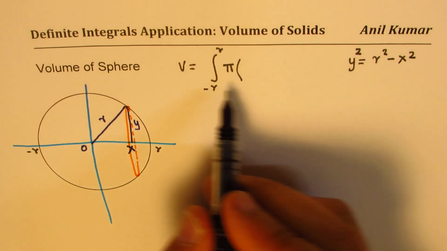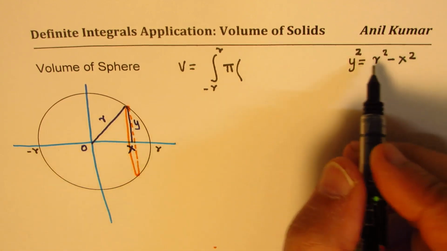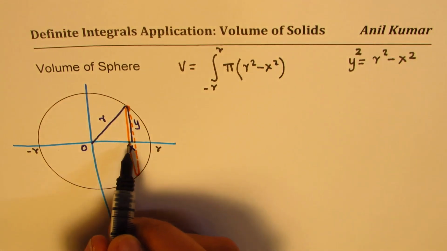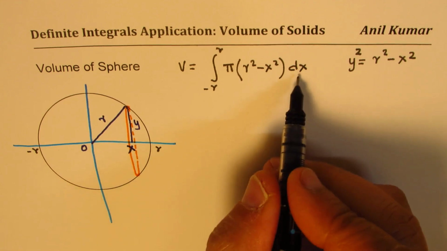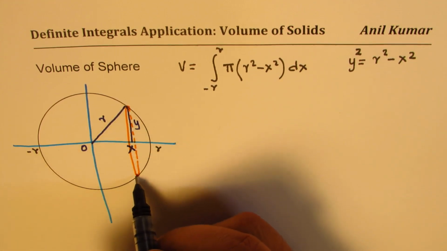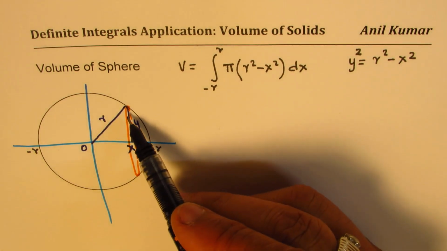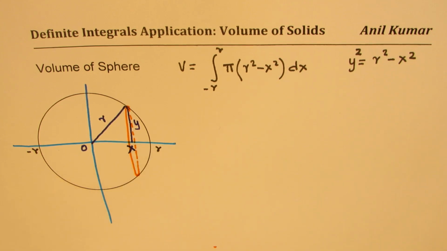So we replaced this y square with r square minus x square, and delta x is a small increment. Multiplying with delta x gives the volume of each disk. You can think about a cylinder with a circular area of pi r square and a width of delta x. So this integral gives us the volume of the sphere.